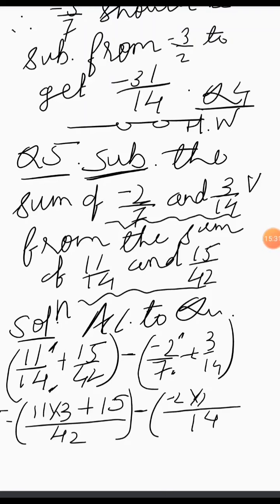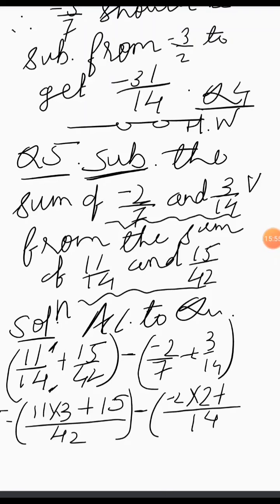So write 2 plus here already, so see, let me write properly, 2.